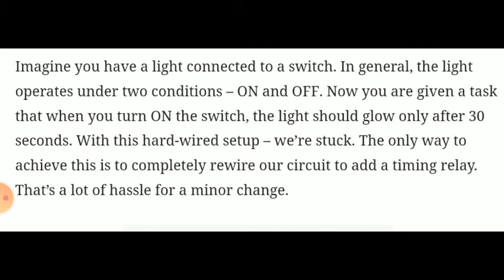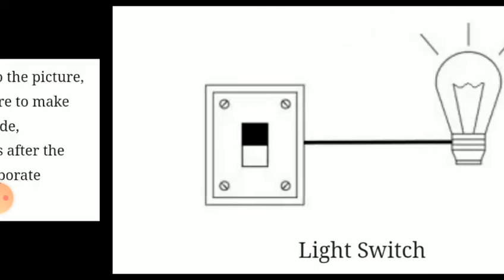Now you are given a task that when you turn on the switch, the light should glow only after 30 seconds. With this hardwired setup, we were stuck. The only way to achieve this is to completely rewire our circuit to add a timing relay. That is a lot of hassle for a minor change.